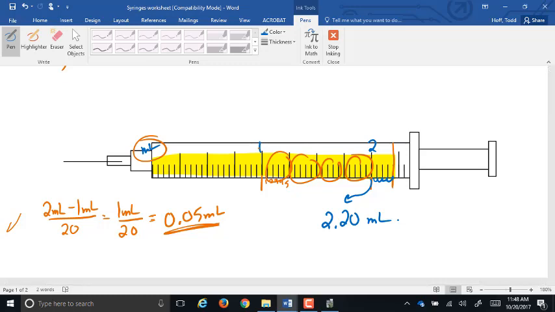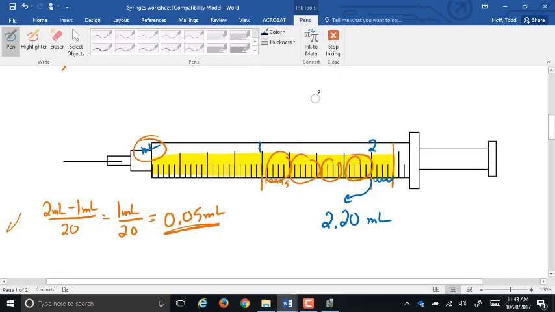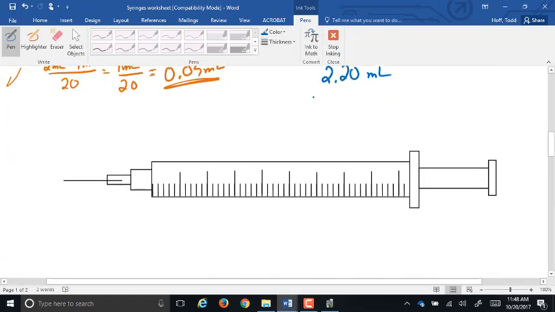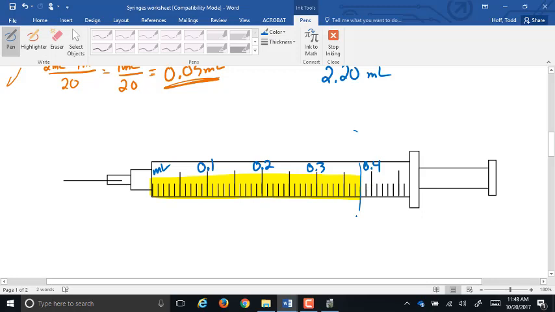Any questions? Figure out what that level on the syringe is.